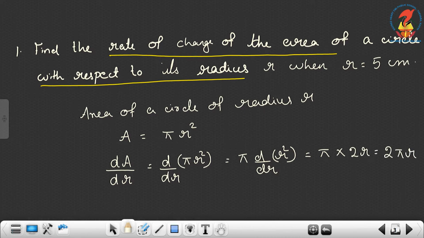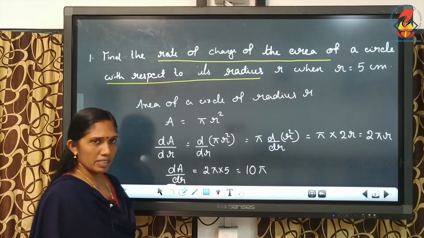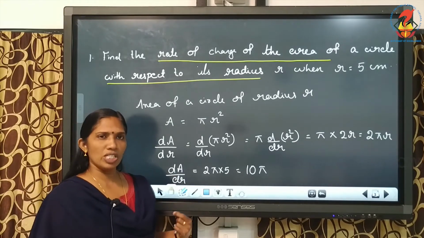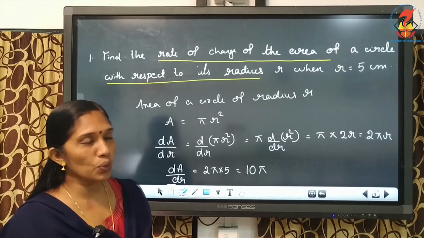Then r is given in the question, r is equal to 5 centimeter. So that is equal to 2 pi into 5, that is equal to 10 pi. That is dA by dr. And what is the unit we write? It is the rate of change of area with respect to r.